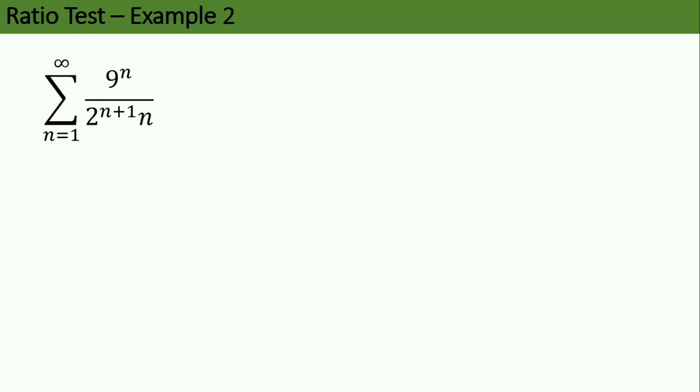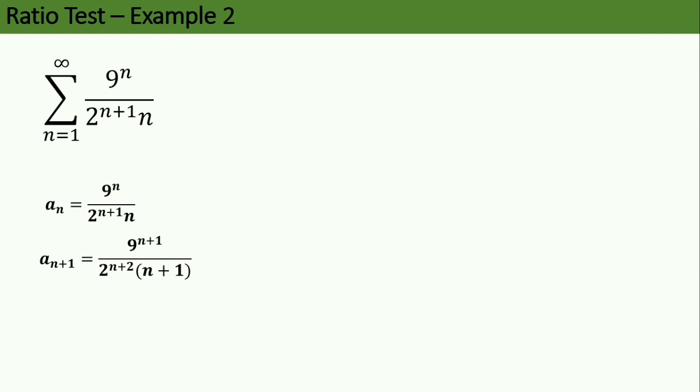So our a sub n is equals to 9 to the power of n all over 2 to the power of n plus 1 times n. Then our a sub n plus 1 is equals to 9 to the power of n plus 1 all over 2 to the power of n plus 2 times quantity of n plus 1.